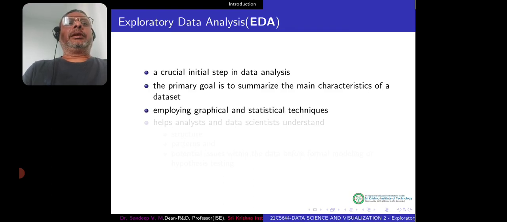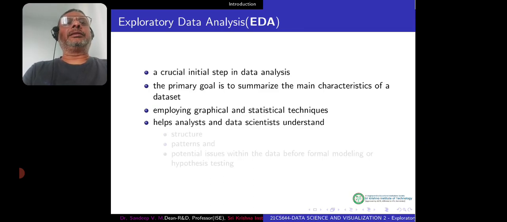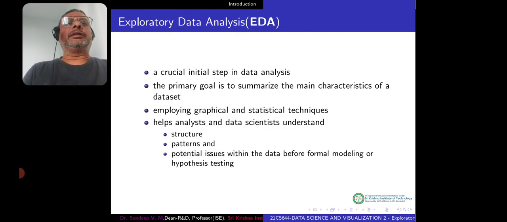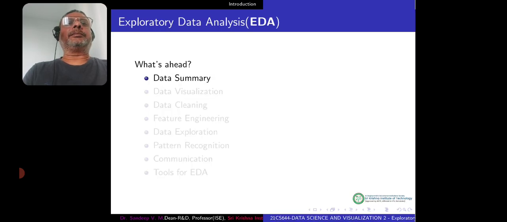This summary is given through graphical and statistical techniques, and this helps analysts and the data scientists to understand the structure, patterns in the data, and the potential issues with the data before formally modeling or testing the hypothesis.